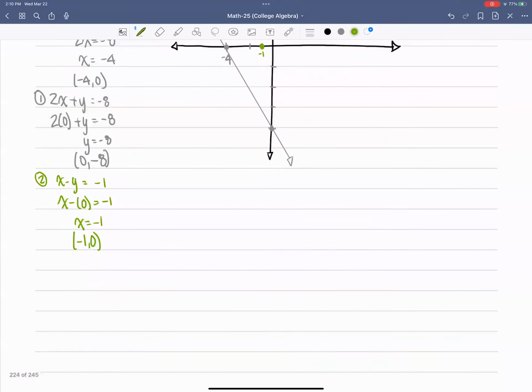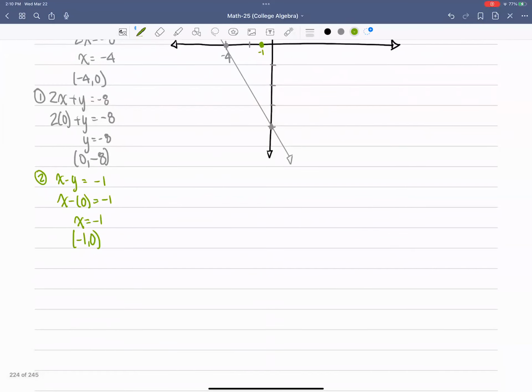And now let's try for our y-intercept. For our y-intercept, we let x equal 0. We have -y is equal to -1. If we multiply both sides by -1, you get y equals 1.